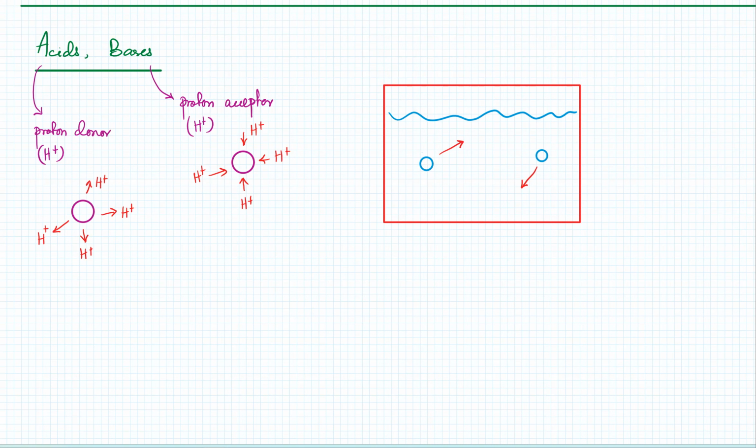Okay? If this medium is H2O, there are going to be a lot of H2O molecules. But it's not just going to be H2O. Some of the water molecules tend to ionize. During collision, some of these water molecules break down and produce two ions.